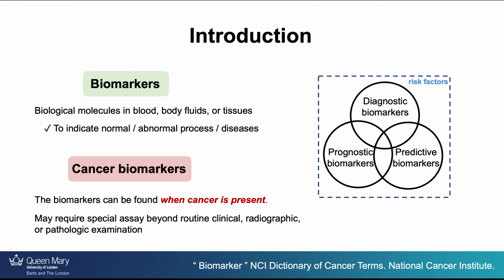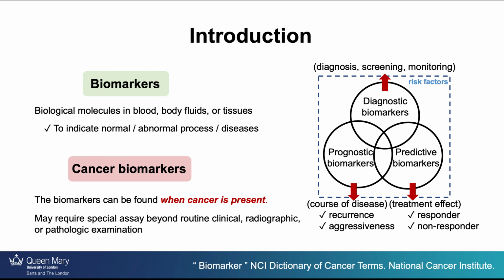Cancer biomarkers can be divided into three groups, including diagnostic, prognostic, and predictive biomarkers. Diagnostic biomarkers refer to cancer biomarkers that show performance in diagnosis, screening, and monitoring of cancer.